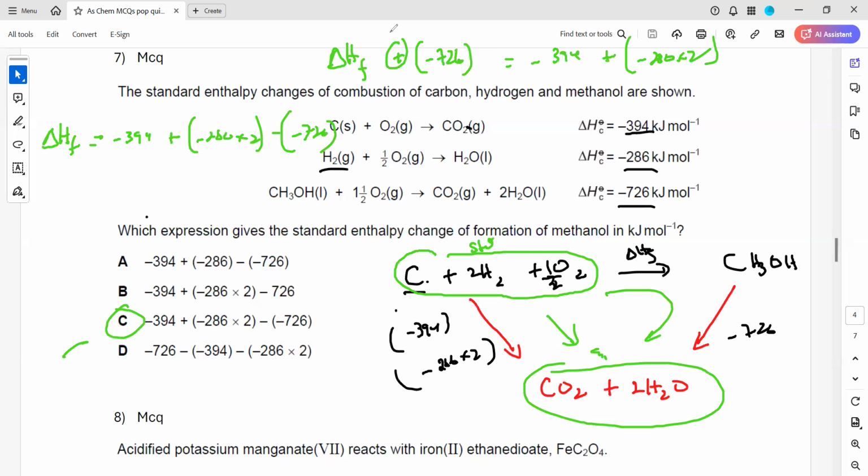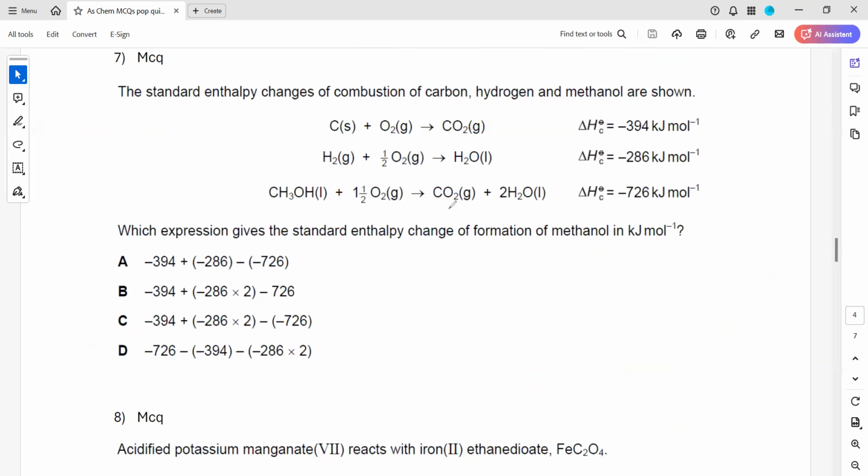You can use the product, and when a combustion is given, you have the product and you have the reactant. So it will be product minus the reactant, CPR. I was writing CRP, but CPR, product minus the reactant.